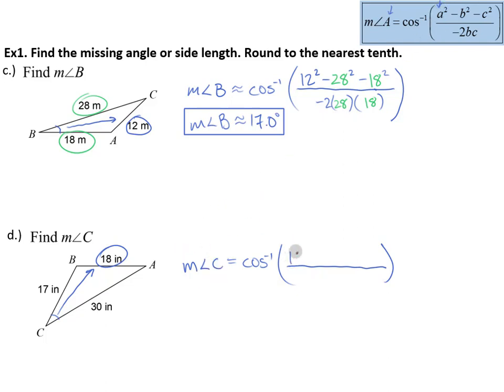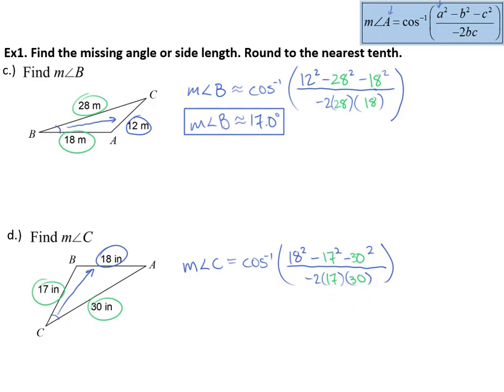So it's 18 squared minus something squared over -2 times something, where our other somethings here are the other 2 sides. We need to plug in 17 and 30. Now if you put the 30 and then 17, or 17 and 30, that doesn't matter.